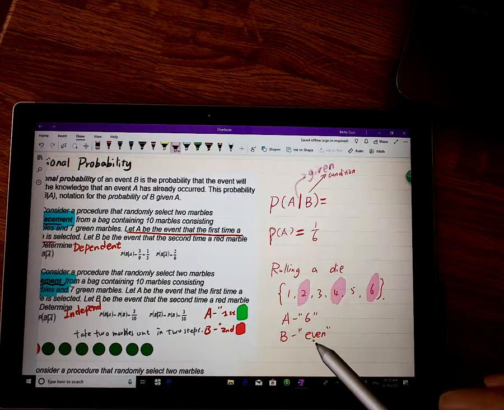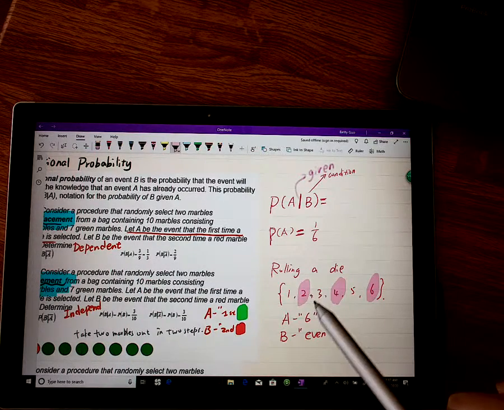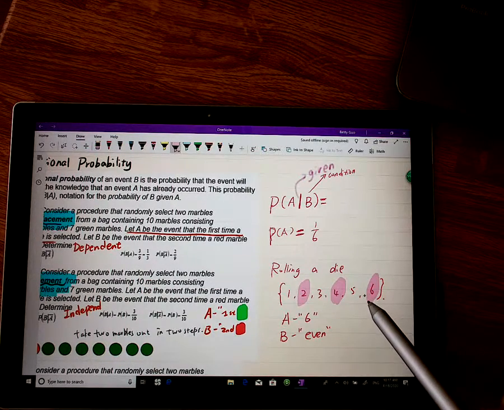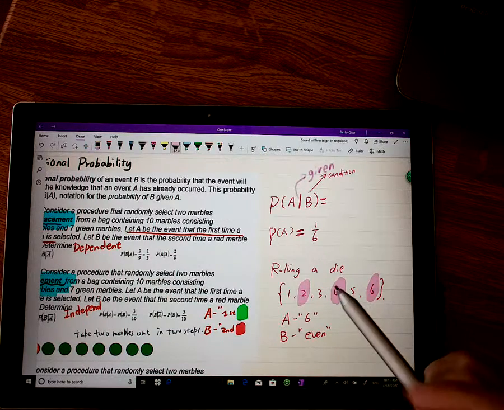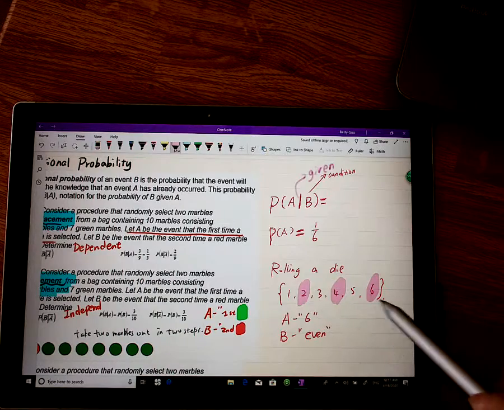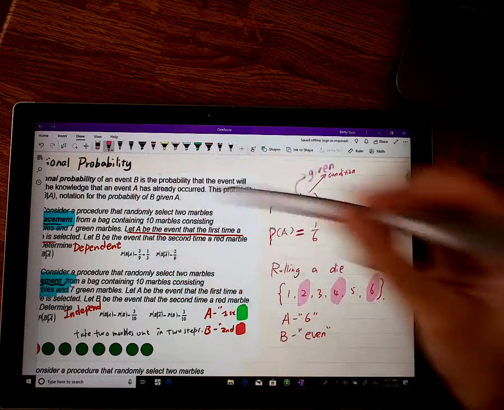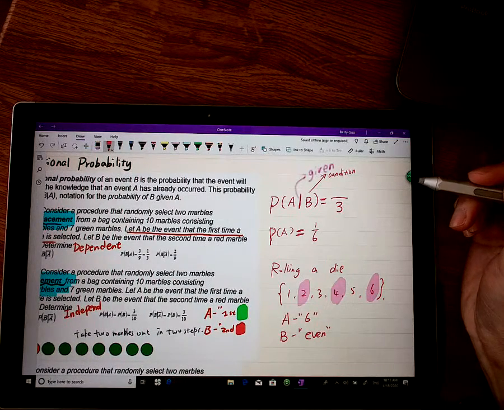So given the condition that B has already occurred, we shrink the sample space to 2, 4, 6. All the possible outcomes that you are considering right now are not 1, 2, 3, 4, 5, 6 anymore, only 2, 4, 6. So you're considering 3 possible options, 2 or 4 or 6.